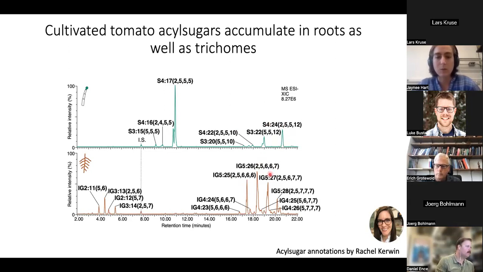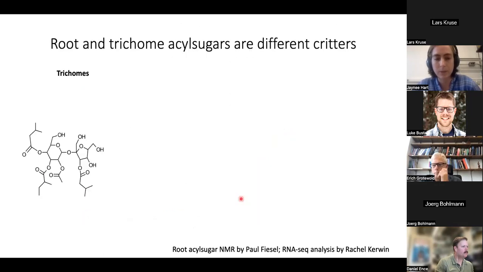But the biggest difference between these acyl sugars that we found once we started doing NMR with these is that they have a different sugar core. So as I've been describing, the trichome acyl sugars in cultivated tomato are sucrose. Sucrose is a disaccharide.